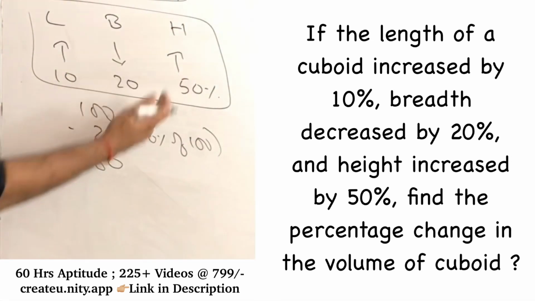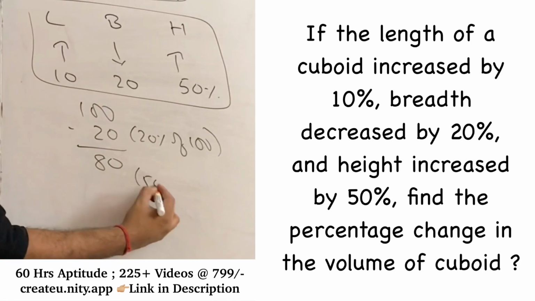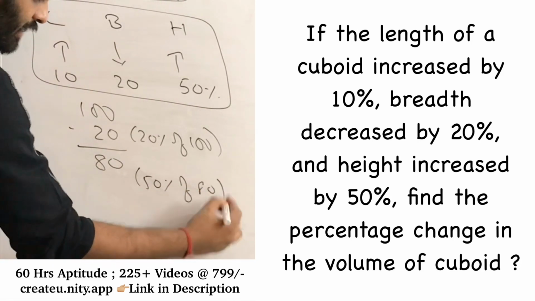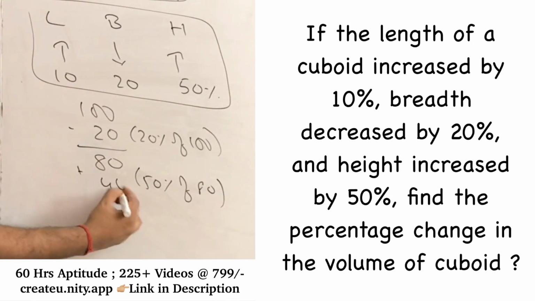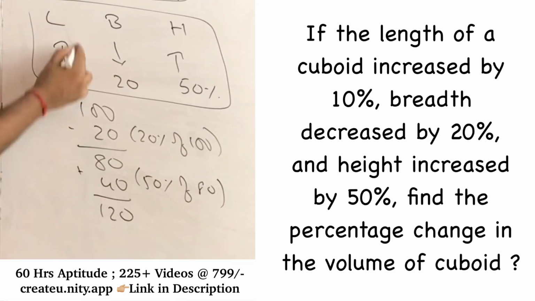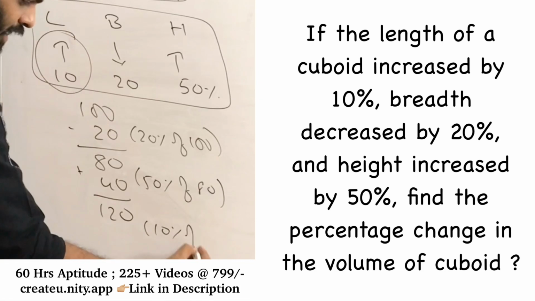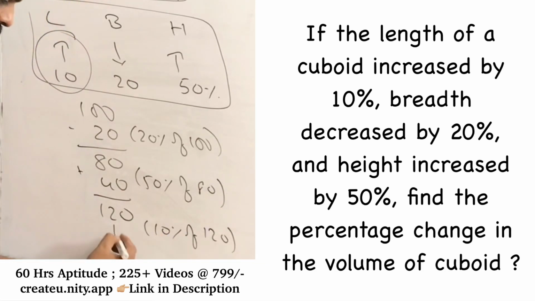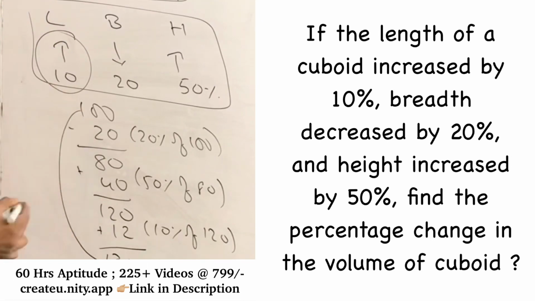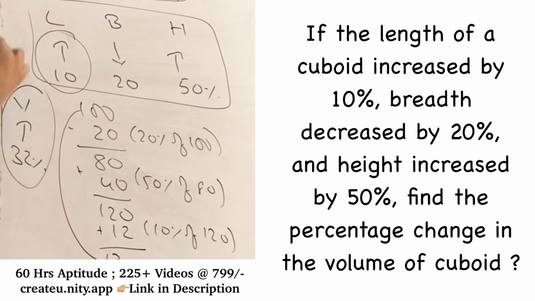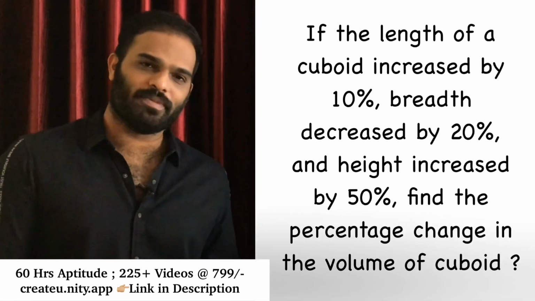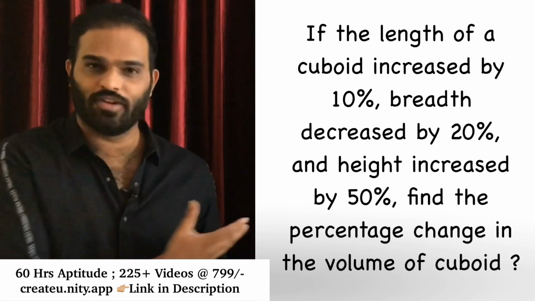Then I'll go for 50%, 50% of 80 increasing. So I'll say 40 increasing, so it becomes 120, and then again it is increasing by 10%, 10% of 120 is 12. So it becomes 132. The overall change will be equal to 32% increase in the volume. So volume increases by 32%. Every time you get a question of different percentages or different terms, you will be doing it in this way.